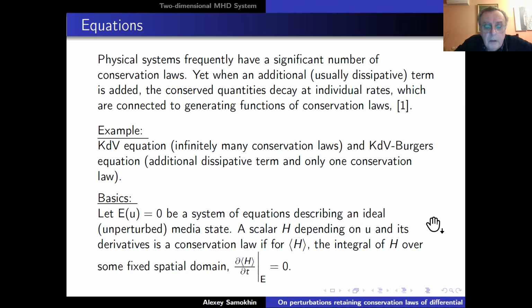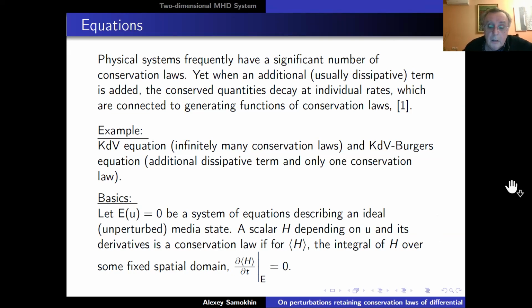If the system of equations, the ideal state, is perturbed, then its conserved quantities or conservation laws are not after that in fact conserved, but their rate of decay can be readily described.